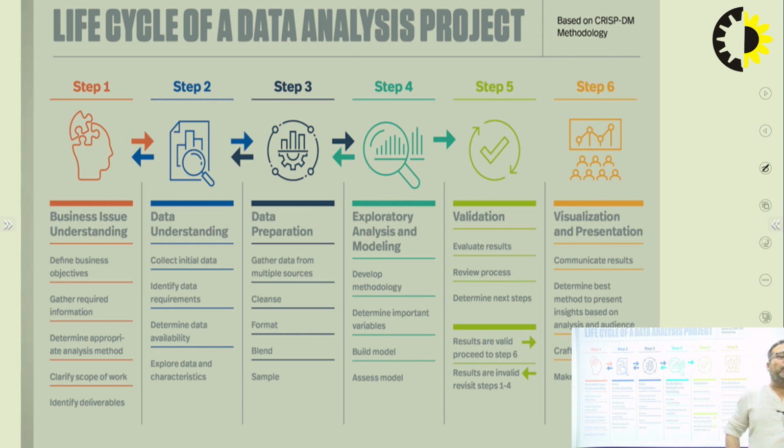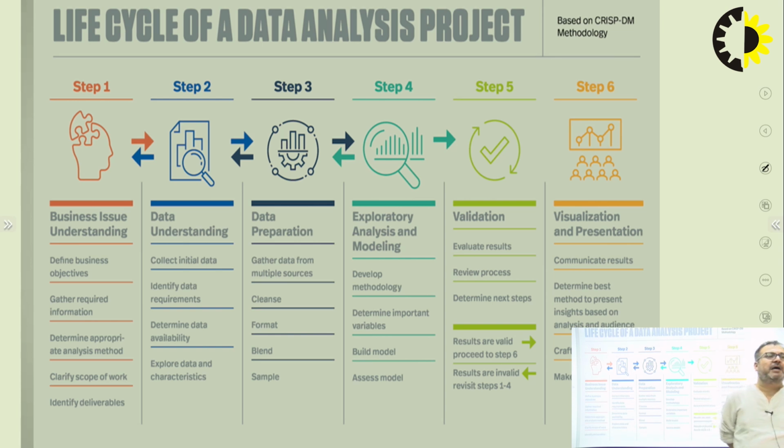The first basic step of this life cycle of data analysis is business issue understanding. In this we define the business objective, we gather required information, we determine the appropriate analysis method, we clarify the scope of work, and we identify the deliverable.